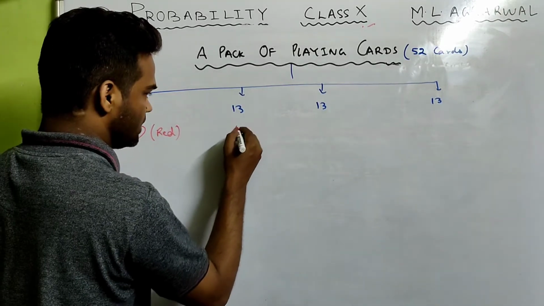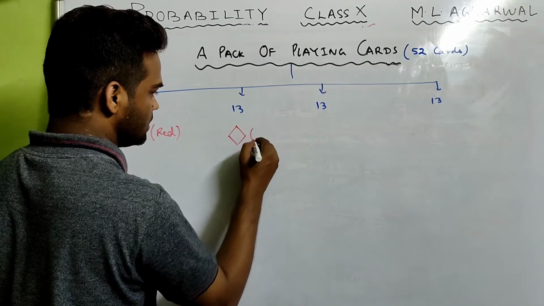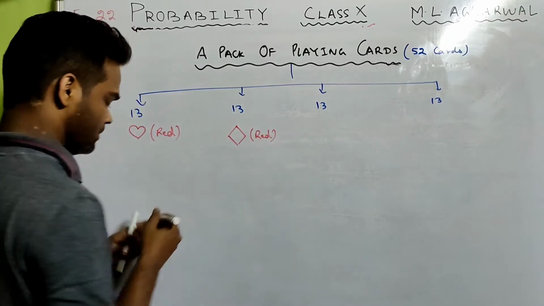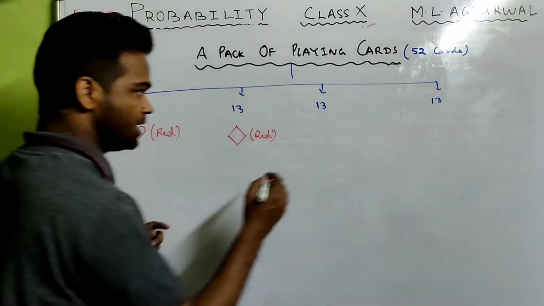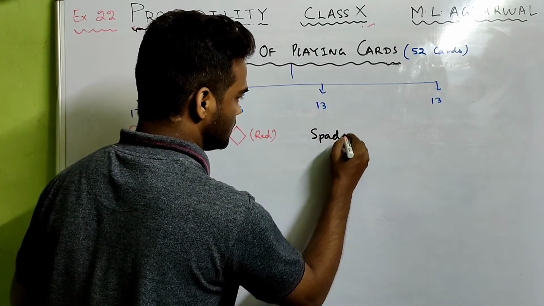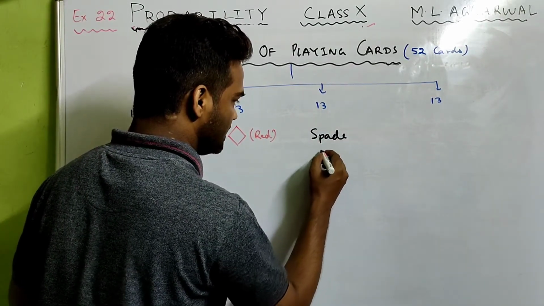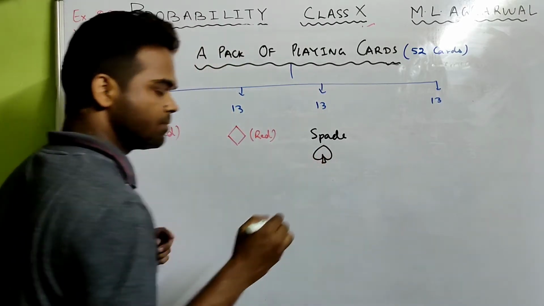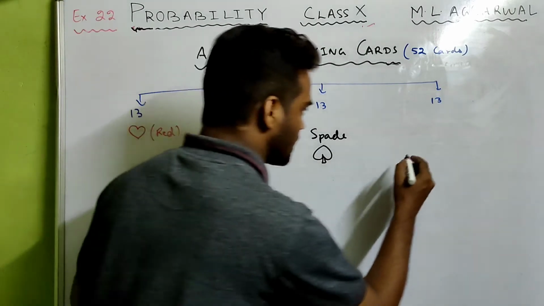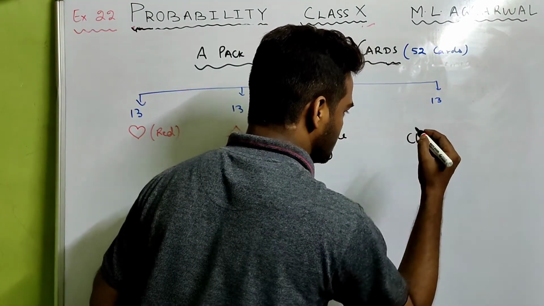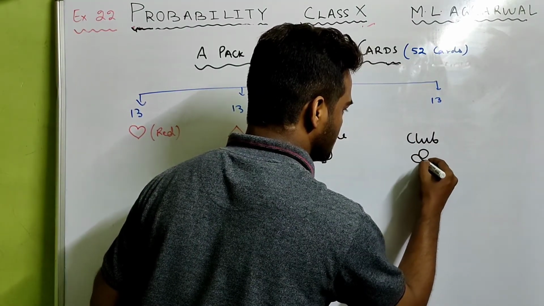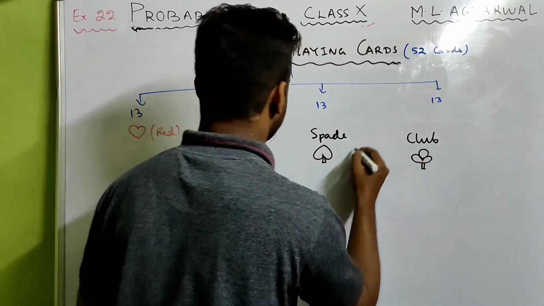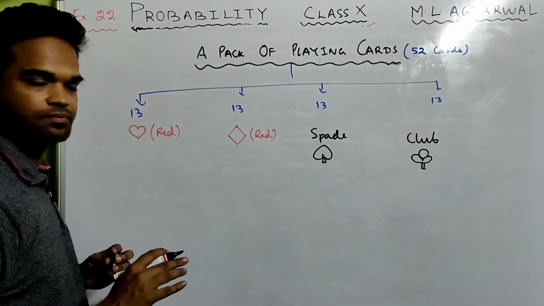You have diamond cards, which is again red in color. Then you have spade, which is black in color, and then you have club. They're all 13 in number.